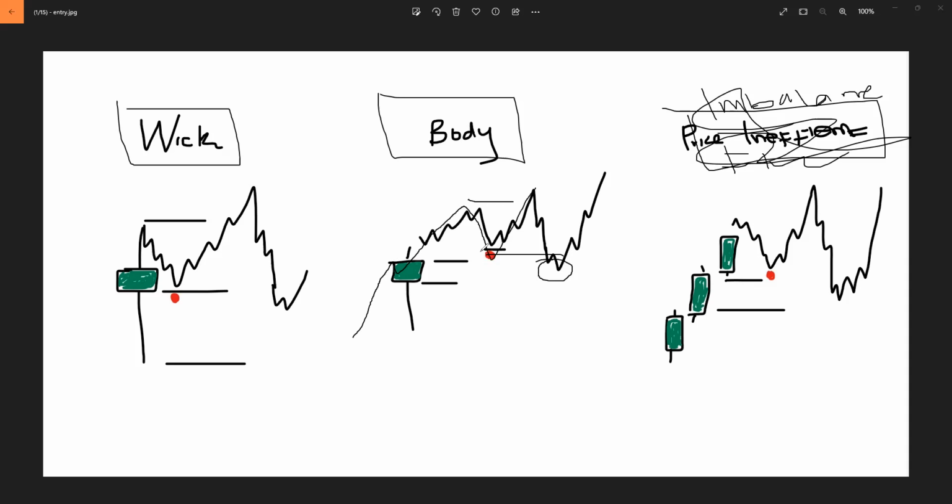So if it's below this liquidity, there is a body just right next to it, your entry. Hidden divergence, regular divergence will be inside of this one. But again, you can just take an entry, stop loss here.